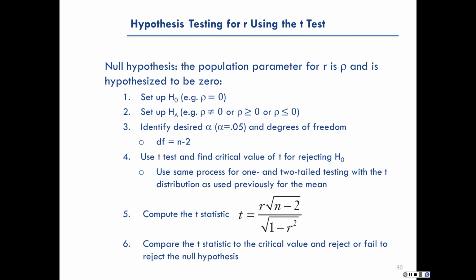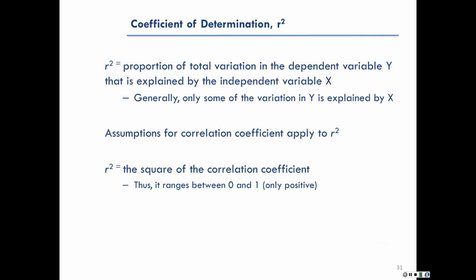However, when you actually compute the t-statistic for the correlation coefficient r, that is a little different. So you can see the statistic there. In the numerator, we have r multiplied by the square root of n minus 2. And then in the denominator, we have the square root of 1 minus r squared. So we compute that t-statistic, and then we compare it to the critical value, and we either reject or fail to reject the null hypothesis.